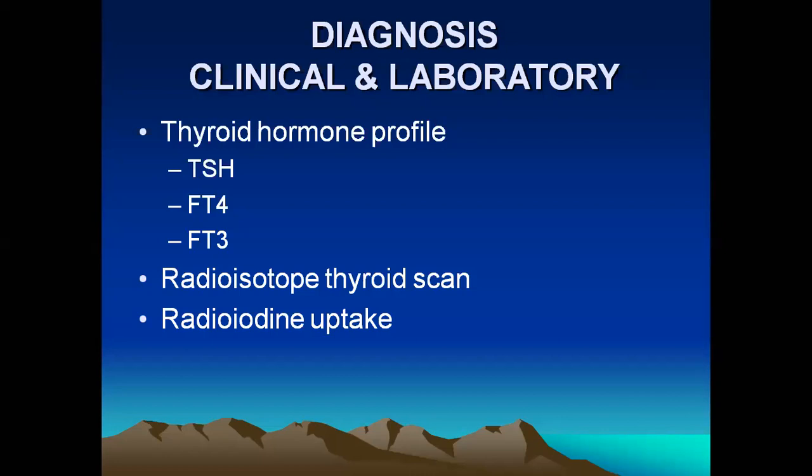If there is patchy involvement, and the rest of the gland is suppressed, that's called multinodular goiter. And third is the single nodule. So this can be easily diagnosed by scan. And in other diseases like thyroiditis, this scan will show low uptake because there is no increased activity. Basically, there is only inflammation.